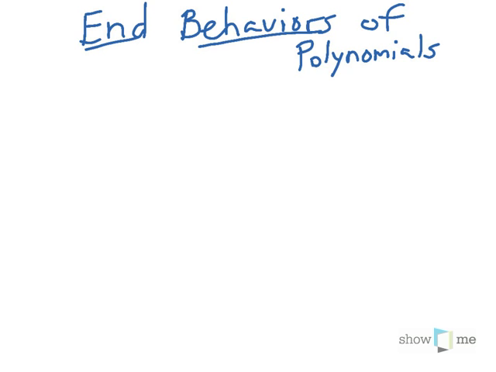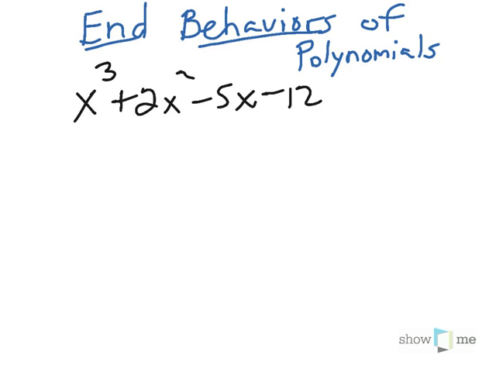Now, if I have a function that says x to the third plus 2x squared minus 5x minus 12, that's not something you should just look at. By the way, we'll say that's a function, so equals f of x or equals y, whatever you want. What we want to know is what it's doing at the very extremes.